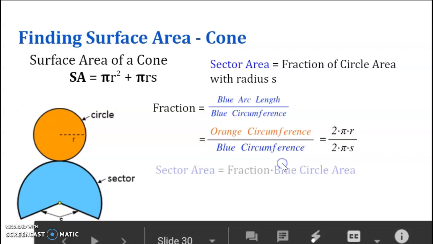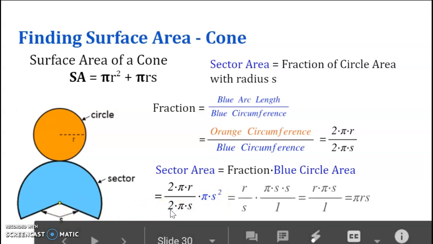So now from here, it's just a little bit of algebra. The sector area, this blue shaded area, is just going to be the fraction of the circle you have multiplied by the whole blue circle area. So the fraction is 2 pi r over 2 pi s times pi s squared, because the blue circle has the radius of s.